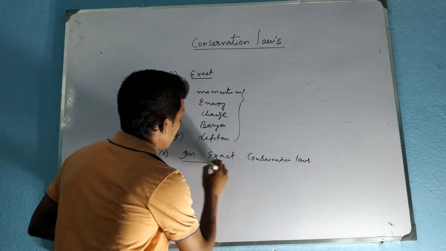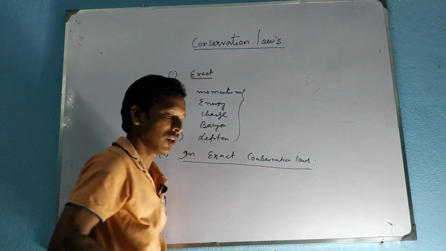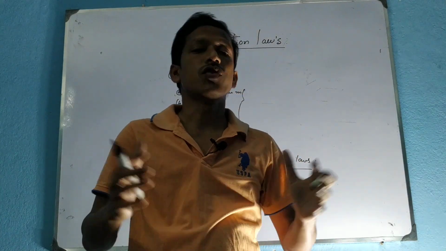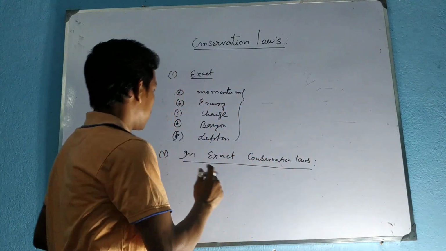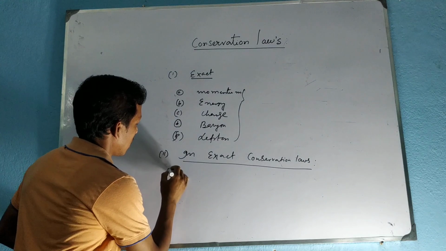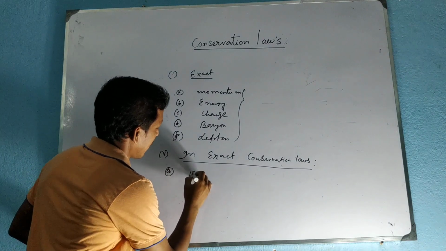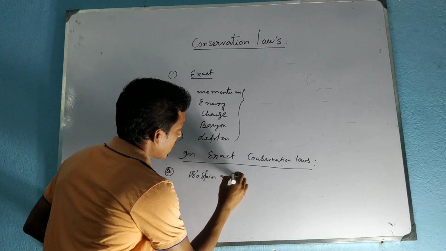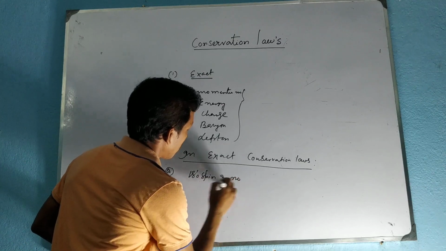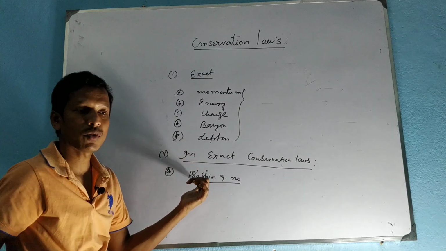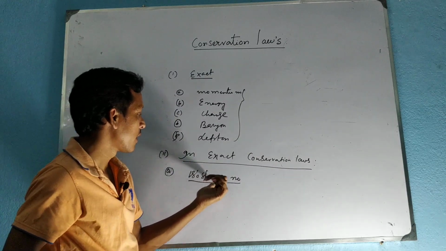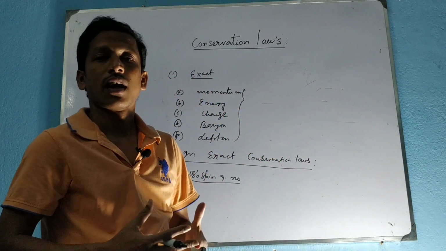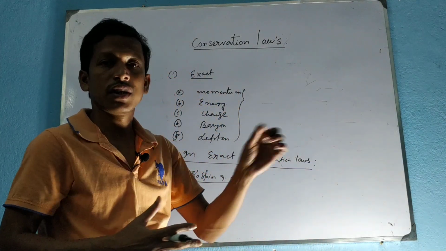There are certain conservation laws that are not conserved in all reactions, such as number one, isospin quantum number. The isospin quantum number is a quantum number that characterizes the isotopic particles such as proton and neutron.